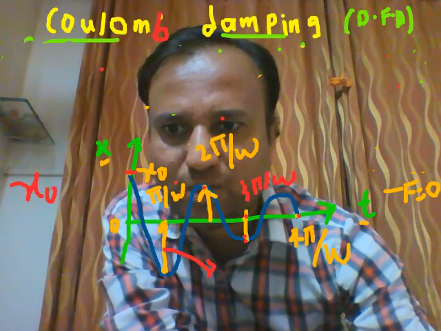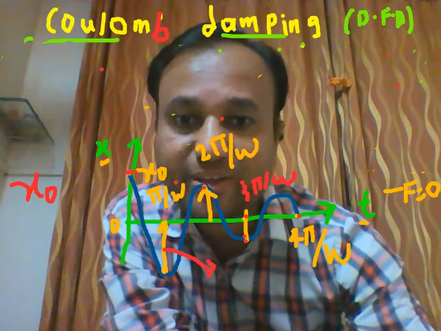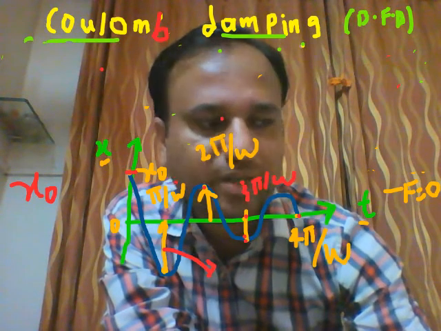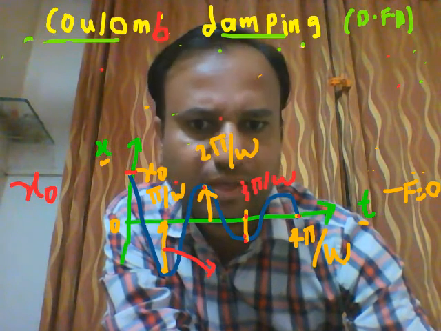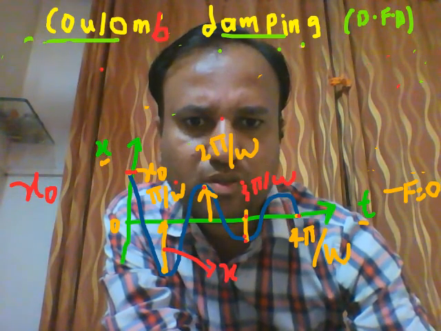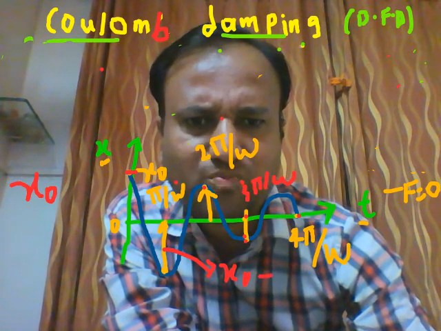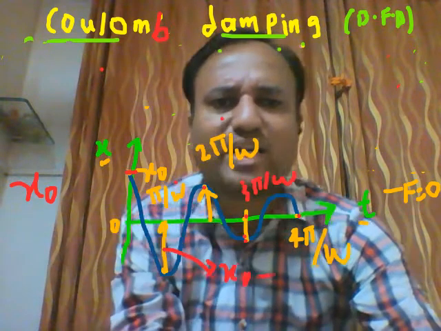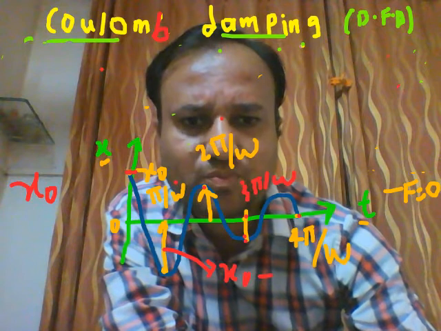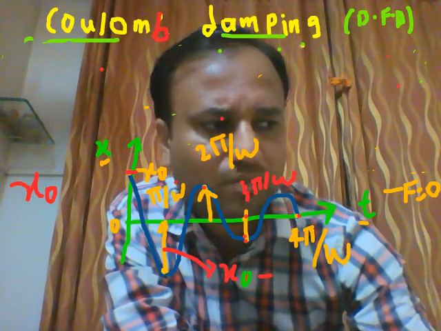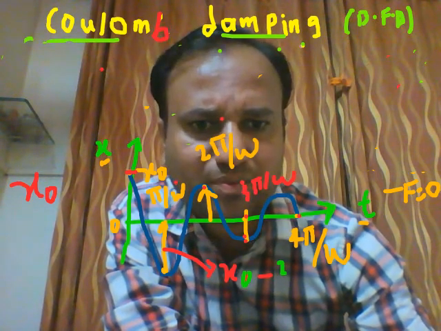Initially, what is the amplitude when t is equal to 0? x0. So the amplitude after the first quarter will be x0 minus 2f by k. So the amplitude will be decremented as the cycle proceeds. That's it, student.